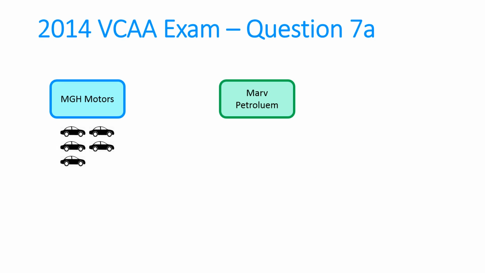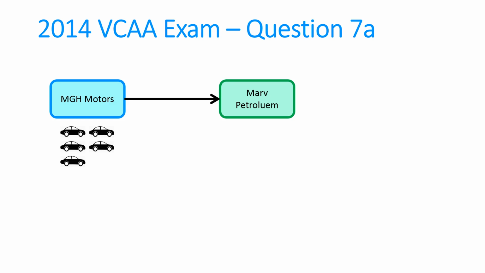So the main problem here is figuring out what's happening and who's who and what transactions are required. So to diagram it, we've got one business called MGH Motors, which is a car business. They sell cars. They are going to sell cars to Mara Petroleum. However, they're not going to be cars that Mara Petroleum uses.